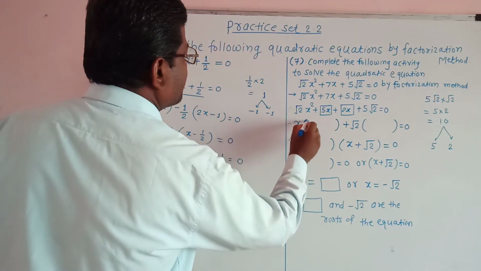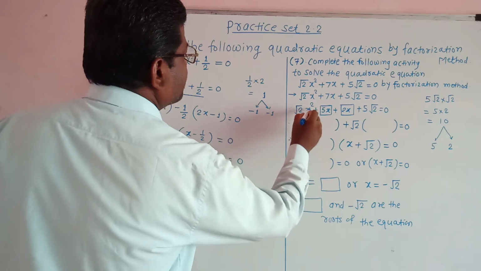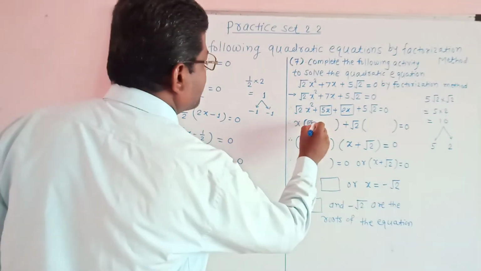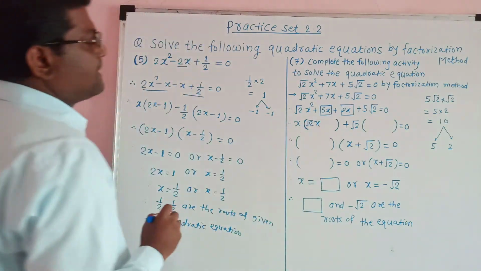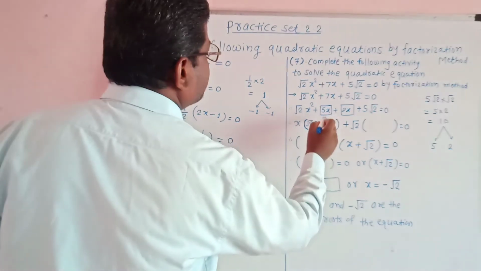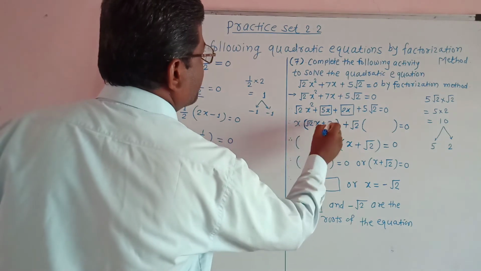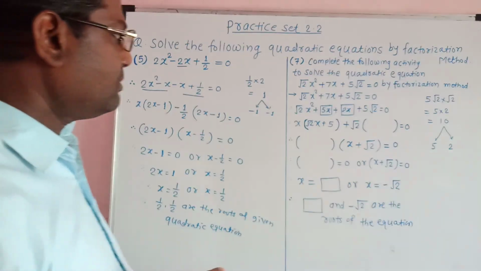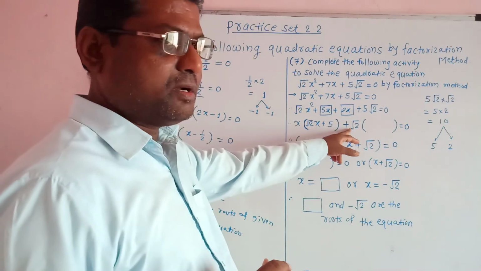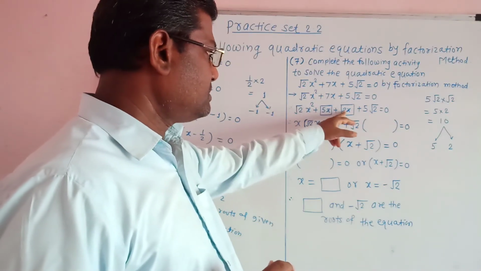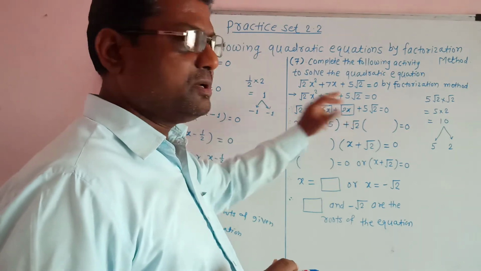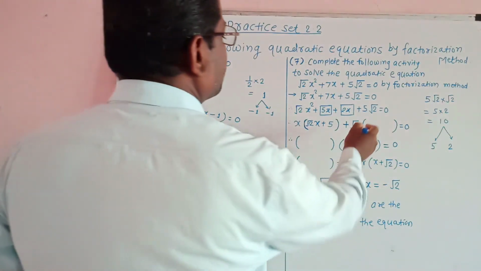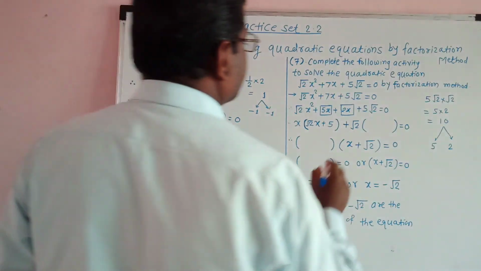This root 2, then x square, 1x is taken common, therefore x remains there. And in 5x, x is taken common, what will remain is 5. Now, here root 2 is taken as common. These two can be written as root 2 into root 2, and one root 2 is taken common.